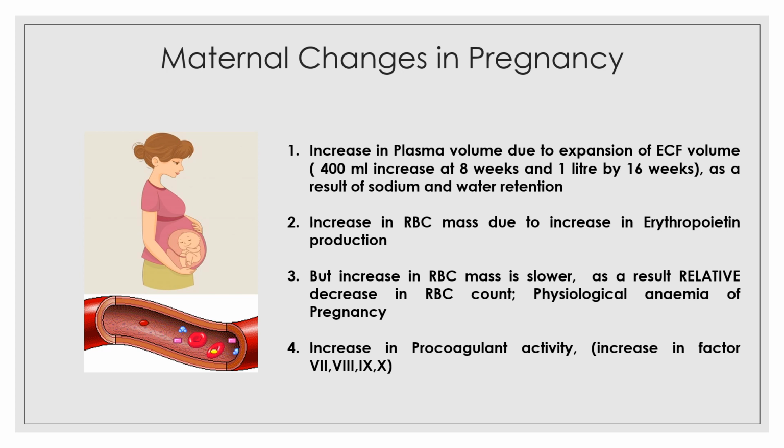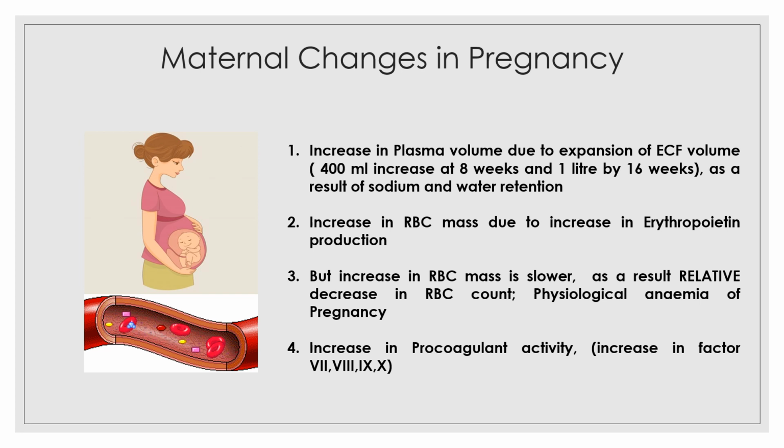Very important is the increase in the plasma volume due to expansion of the extracellular fluid volume. How much? A 400 ml increase in 8 weeks and a 1 liter increase by 16 weeks as a result of sodium and water retention. So the fluid content will be increased. What about the RBC mass, the cellular content?